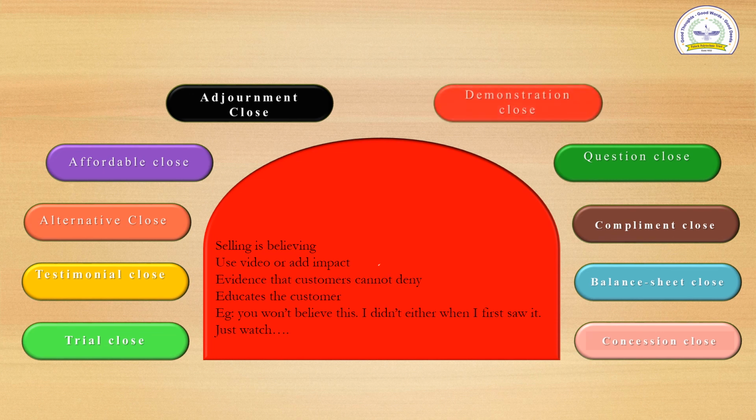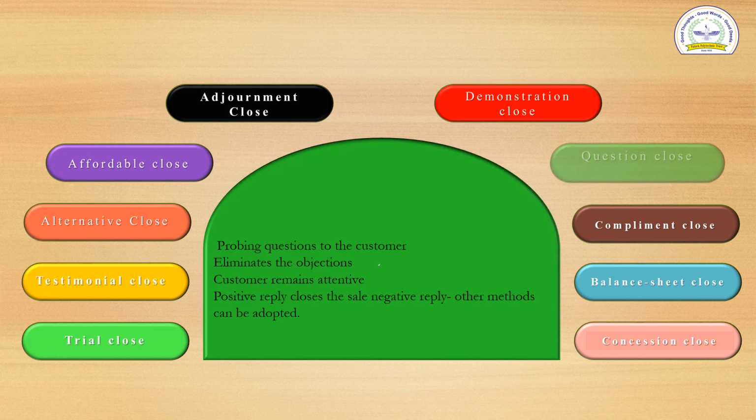The next method of close is the question close. It is used by the salesperson who asks probing questions to the customers. By asking probing questions, he eliminates the objections not to buy. The customer remains attentive because he may be required to answer the question.